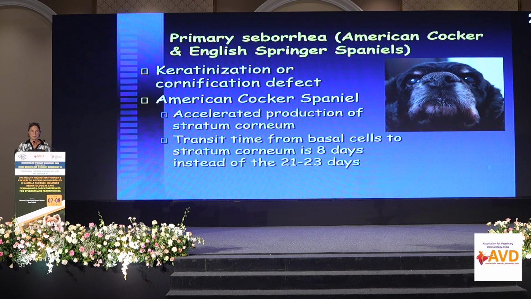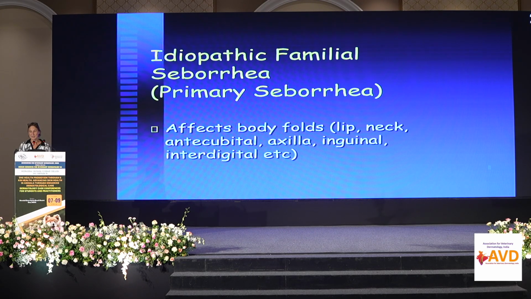So when you see the noses and the foot pads of these dogs, they are crusty. They have hyperkeratosis of the nose and of the foot pads, simply because of this uncontrolled replication of the keratinocytes.